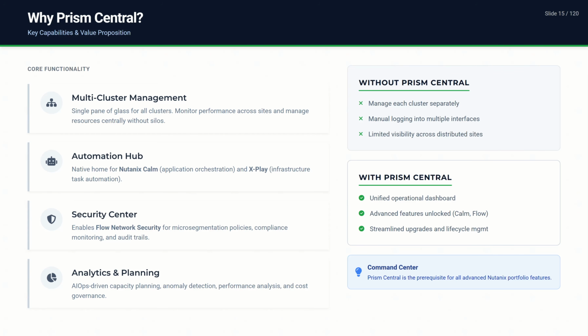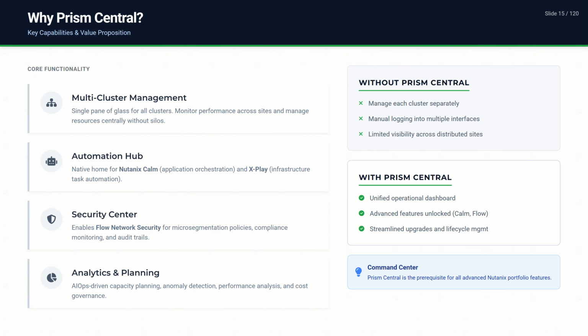First up is multi-cluster management. The description here says it perfectly. It's a single pane of glass for all clusters. So what does this mean in practice? Well, imagine you have clusters in New York, London, and Singapore. Without Prism Central, you need to log into each one separately to monitor performance, manage resources, or make changes.